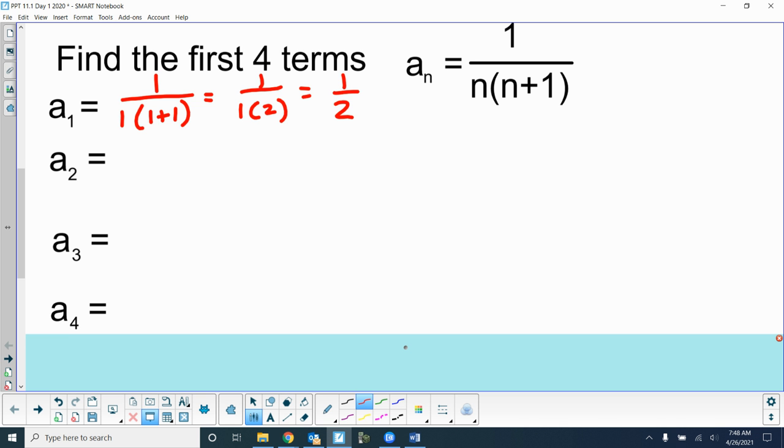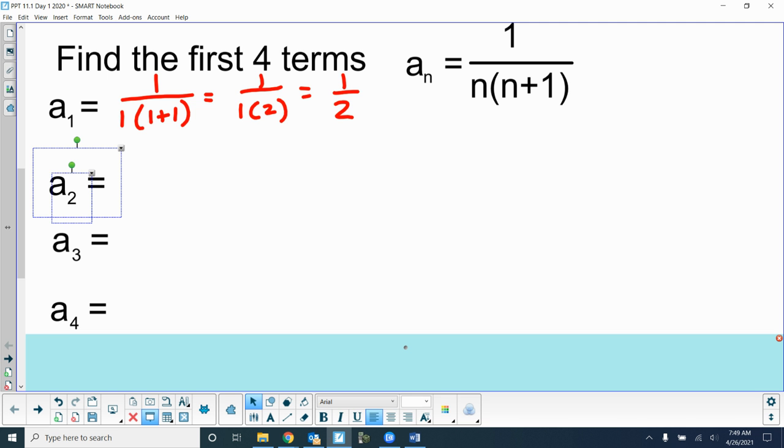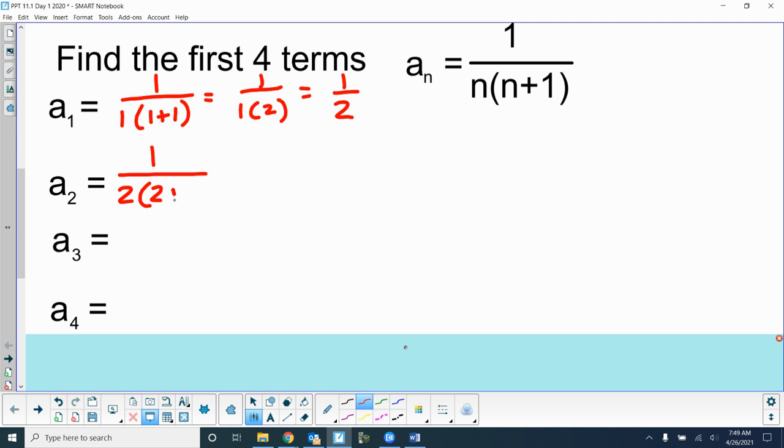A sub 2 means I'm looking for the second term. I plug in 2 wherever I see an n. So I get 1 over 2 times 2 plus 1, which is 1 over 2 times 3, which is 1 over 6. So the second term of that sequence is 1/6. Is that making sense?